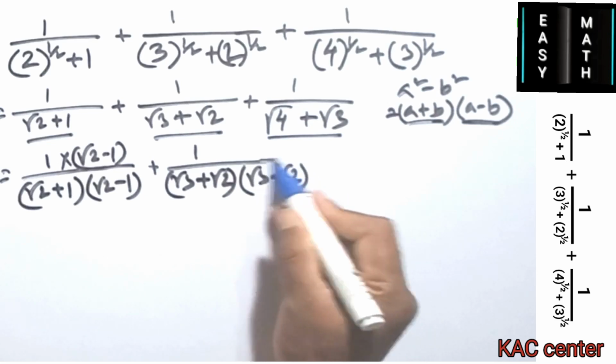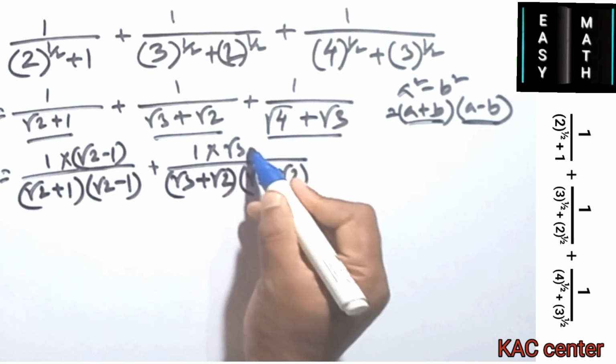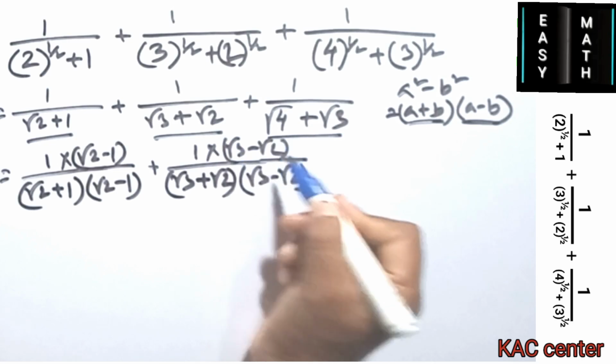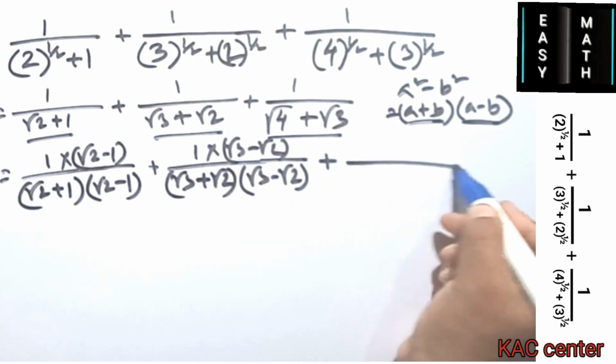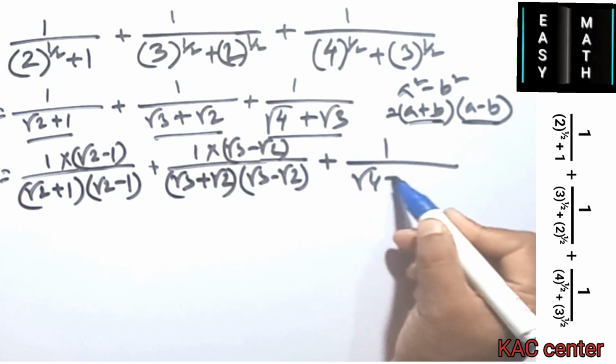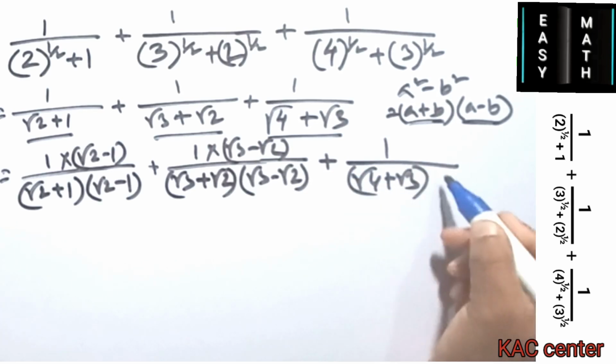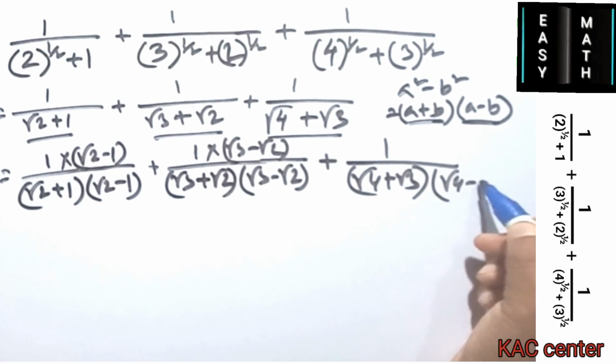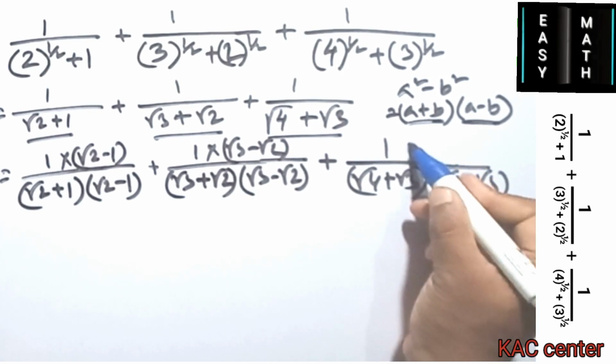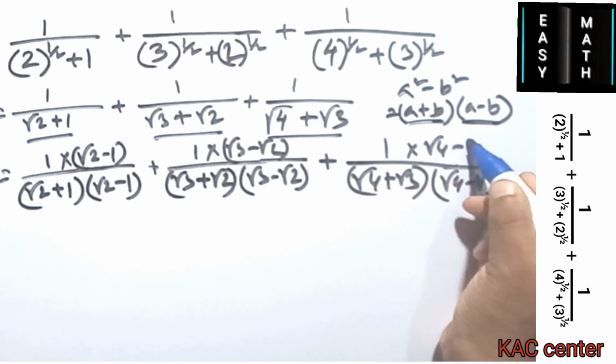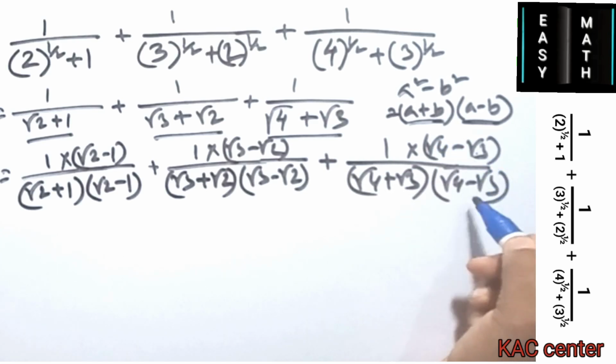root 2, and so above root 3 minus root 2 you can write, and there is 4 plus root 3, and so 4 minus root 3, and there is 4 minus 3, because they are similar.